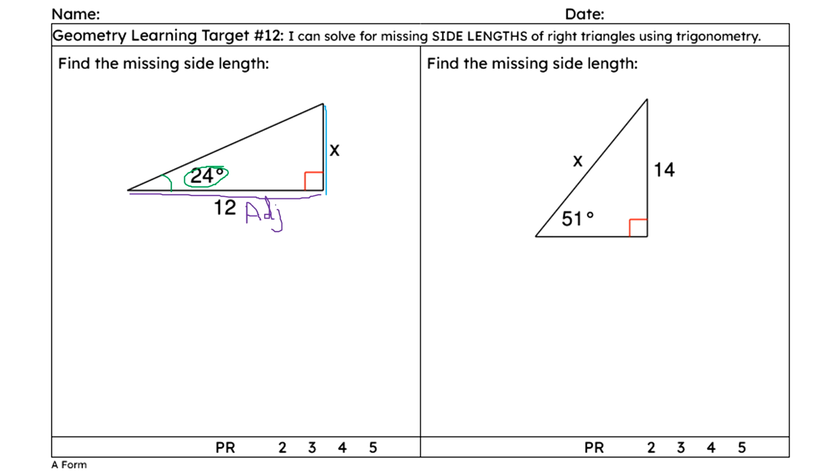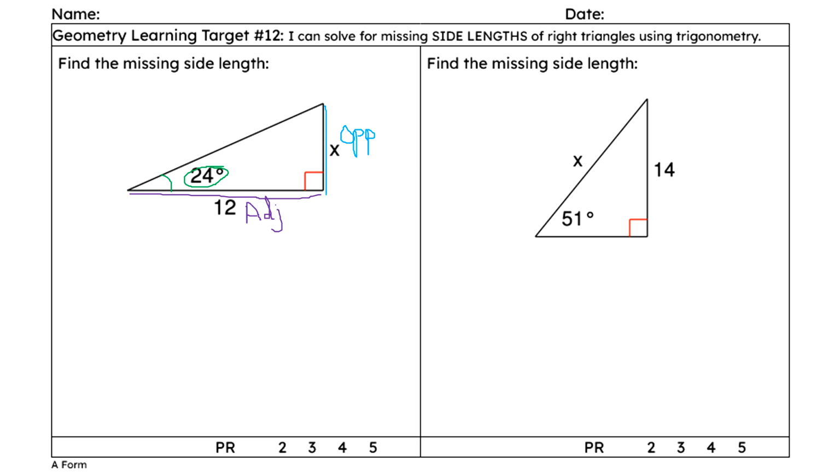The other side length that I have is the side length that is opposite my reference angle of 24 degrees. It is the other leg of the triangle. It is the opposite side, so OPP for opposite. The one side length that has not been given to me and I do not need to find is the hypotenuse, and I don't really need to do anything with that.